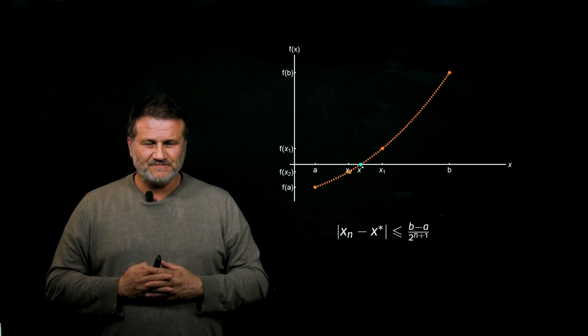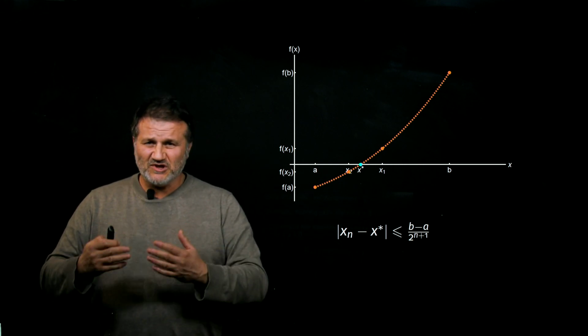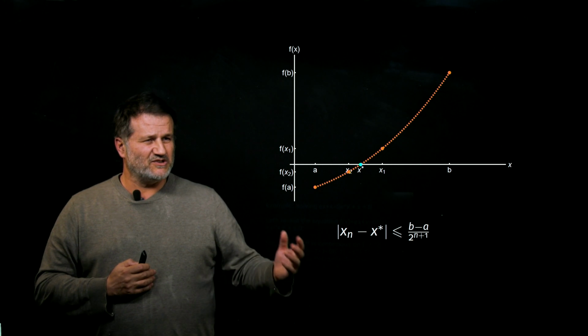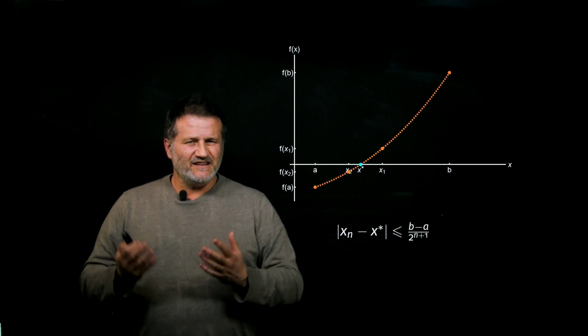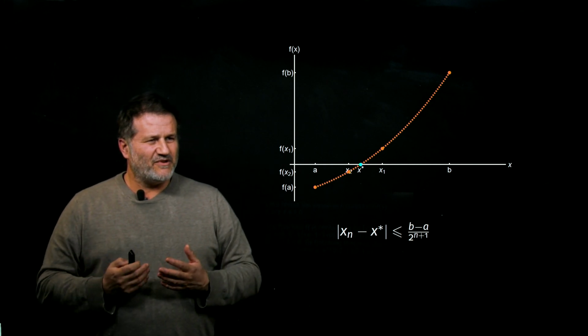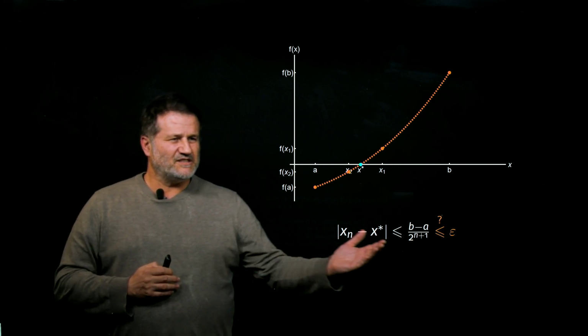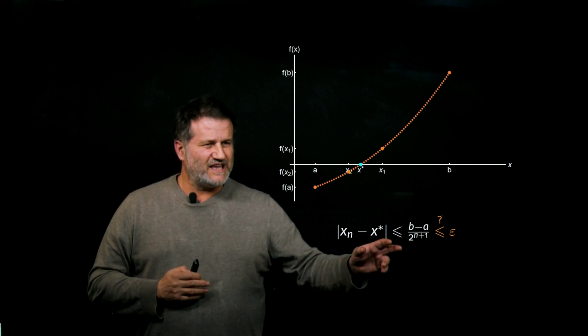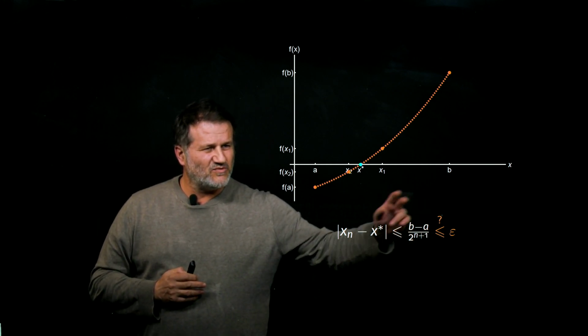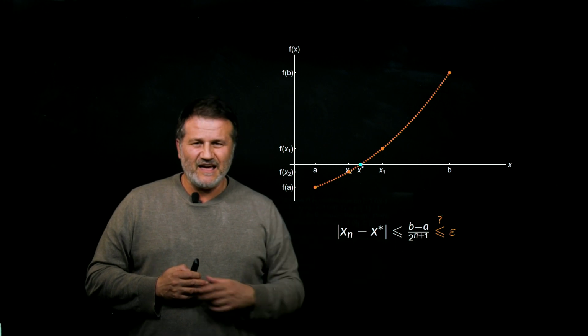Now this opens also the way to do approximations, because suppose we want an approximation of x star within a margin, let's say error epsilon. Now it is sufficient to determine an n, so a number of iterations of the algorithm, such that this quantity is less or equal than epsilon.